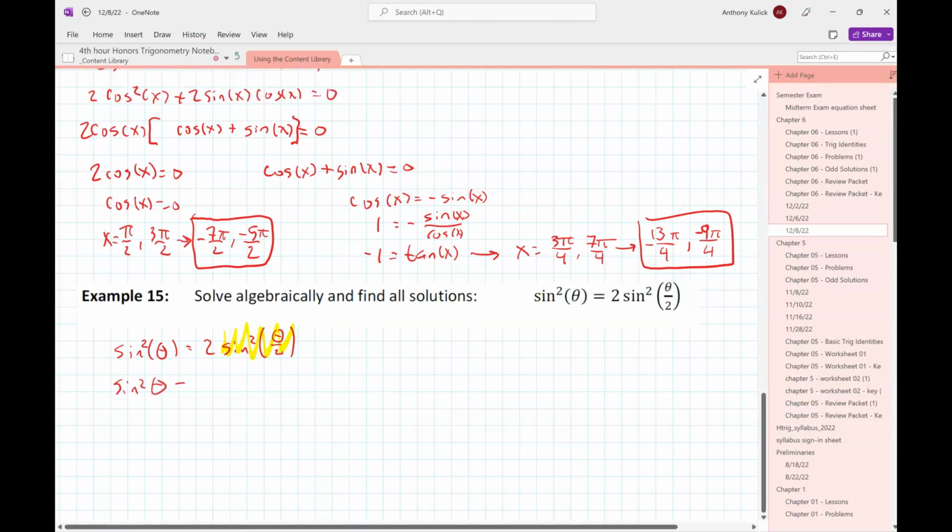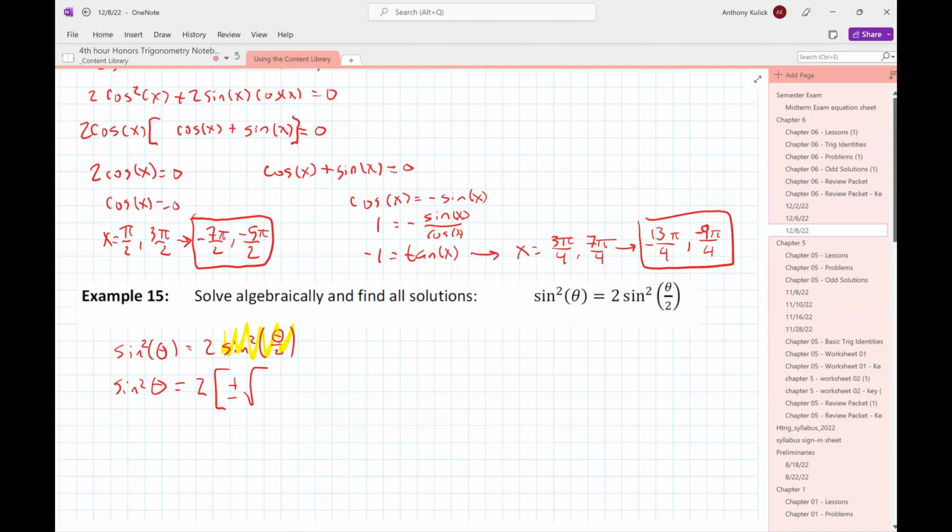So I'm going to use my half angle identity. So that's plus or minus the square root of 1 minus cosine theta over 2. But that's for sine of theta over 2.